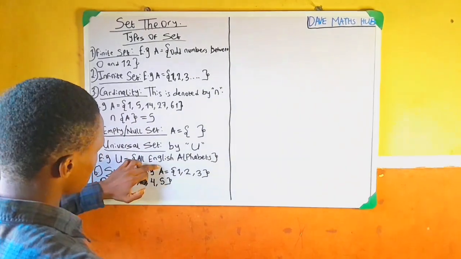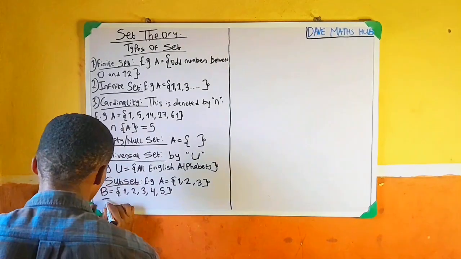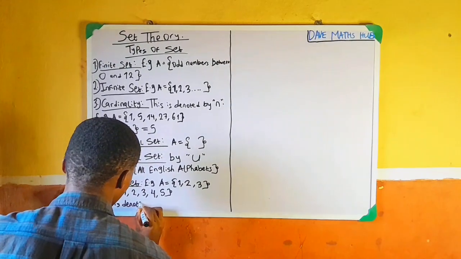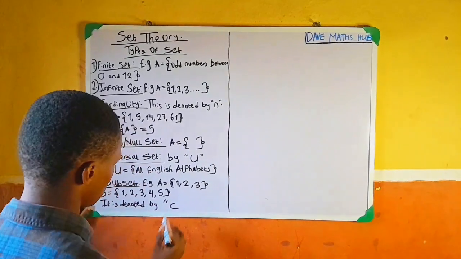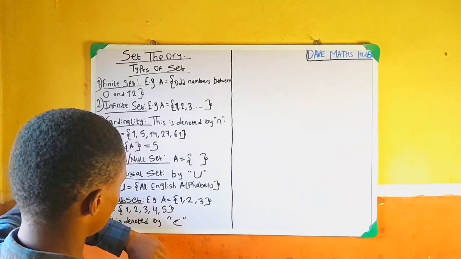So we can say set A is a subset of set B, and it is denoted by this, just like a C, or you can see it as a less than.